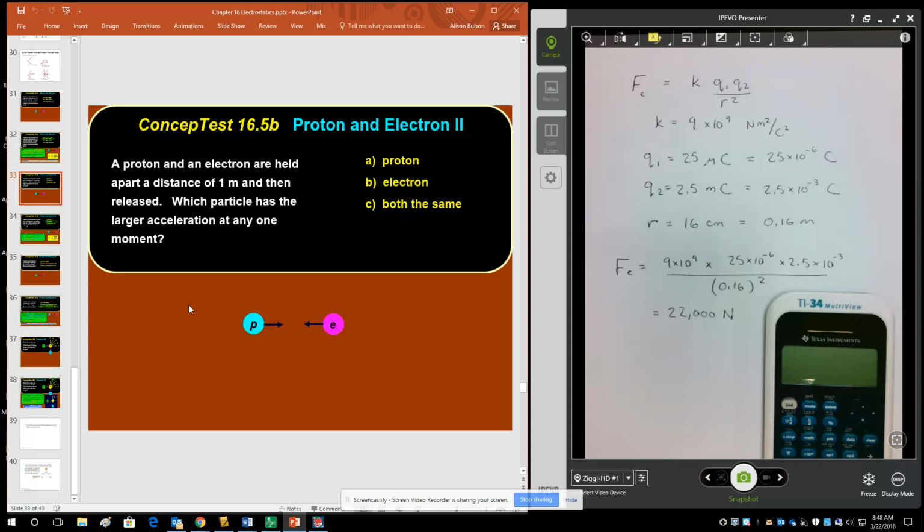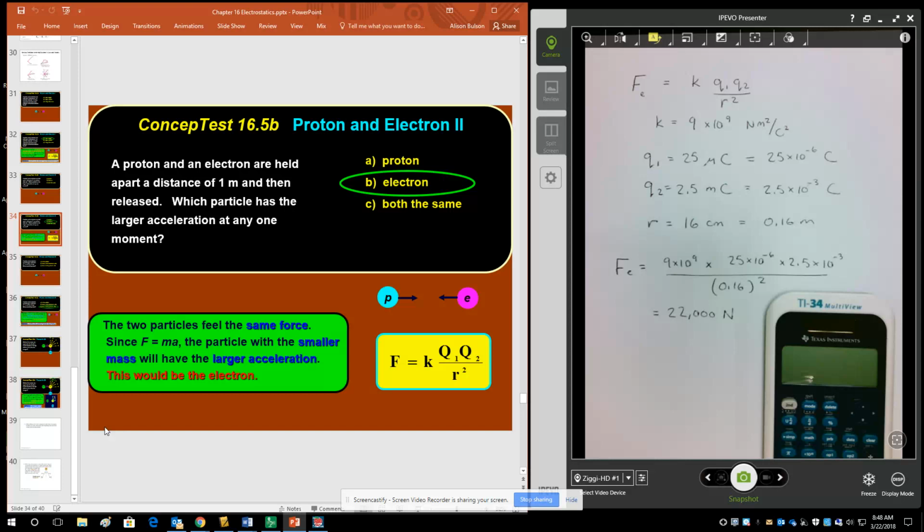A proton and an electron are held apart a distance of 1 meter and then released. Oh, shoot, I already answered this. No, I didn't. I said that their acceleration gets bigger, right? Because the force gets bigger. Which particle at any moment has a larger acceleration?